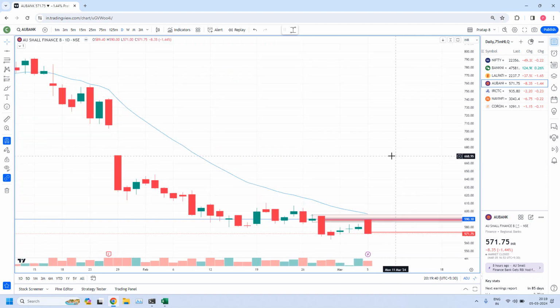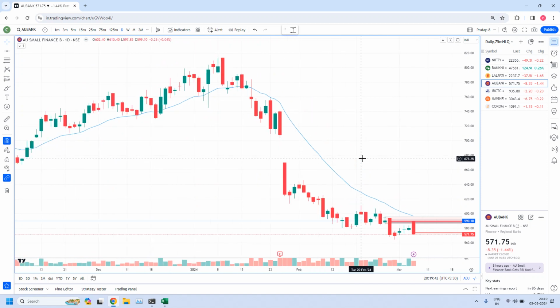Even before that, look into this supply zone. Drop base drop. Now it got EMA confluence. And moreover it is a bearish overextension. The bearish overextension is completed here, and now again prices are moving down.